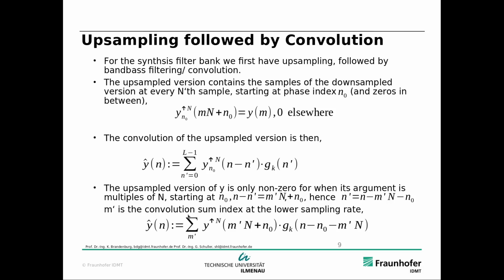Right, so basically we can simplify this equation to include only the non-zero entries. Here in this equation we also had the zero entries, which are not really necessary, and here I reformulated to only keep the non-zero entries in this way.